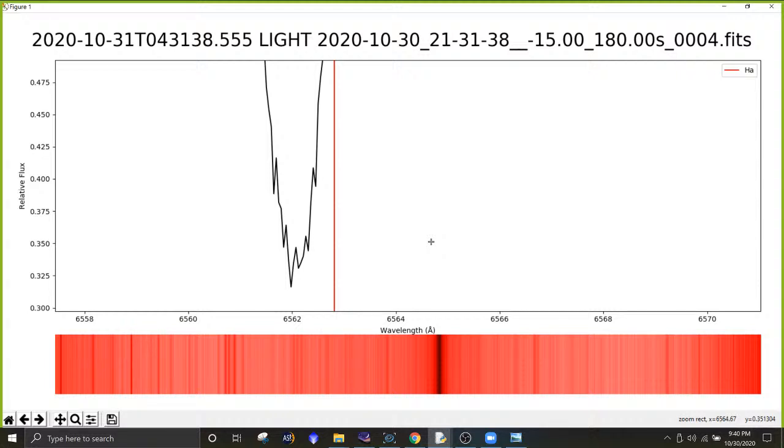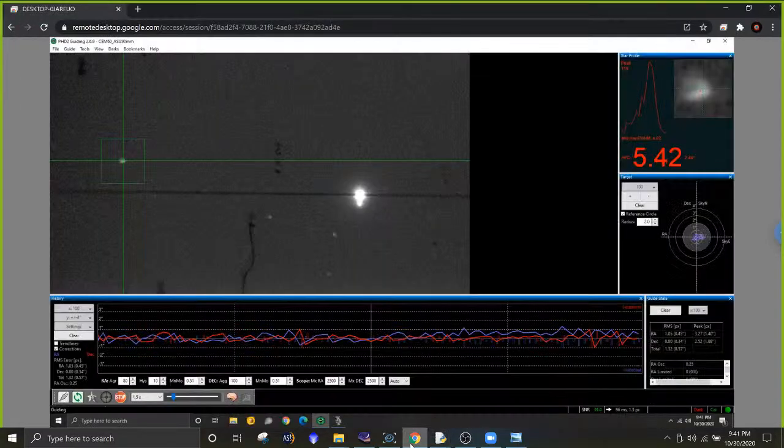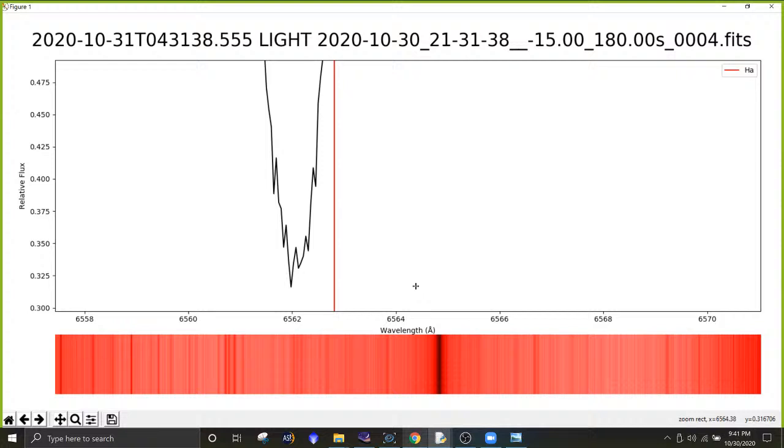So that's how you calculate the movement of these stars. You look at the shift, you divide the shift by the wavelength you're looking at, multiply it by the speed of light. There's your velocity. So just to double check, the red line there is where the rest absorption line should be?